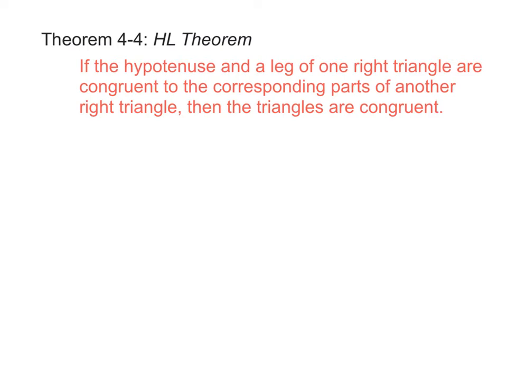Okay? Well, let's look again at this in a little more detail. We're talking about the hypotenuse. Remember, the hypotenuse of a right triangle is the side opposite the right angle. A leg is any of the other two sides.